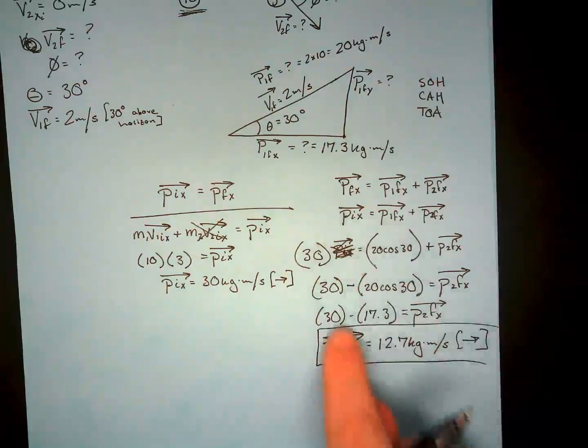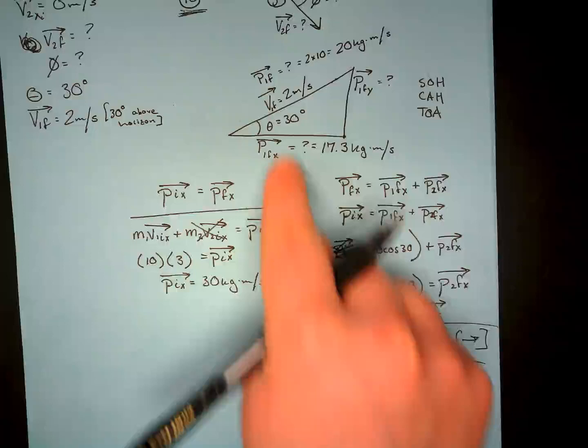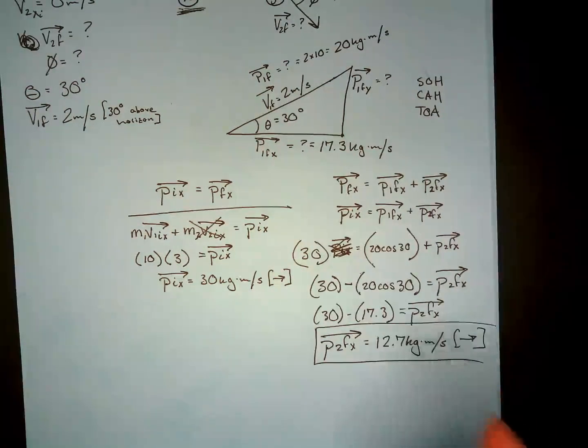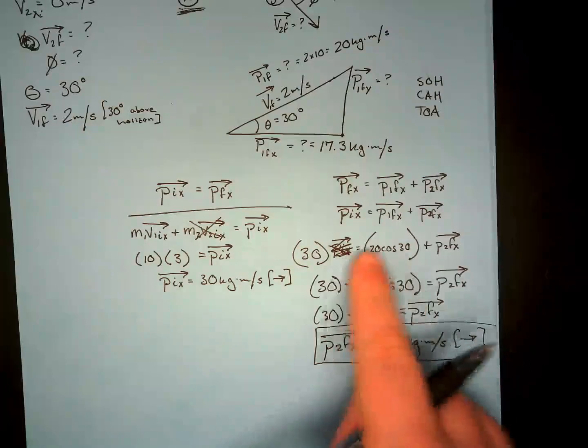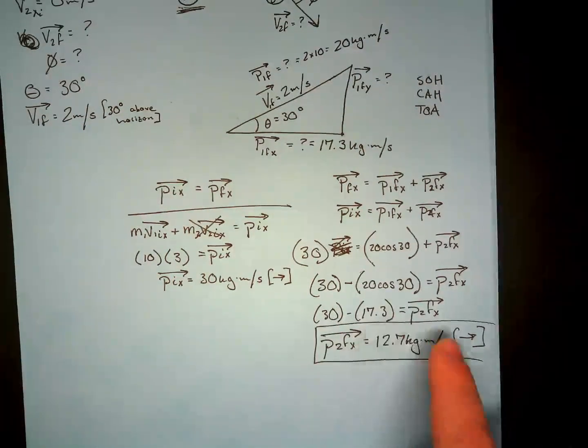So we did that over here, and we found out what the momentum is in the x direction for our first object. And then we put it into this equation, 30 minus 17.3, which is going to equal our momentum in the x direction for our second object, which is 12.7.